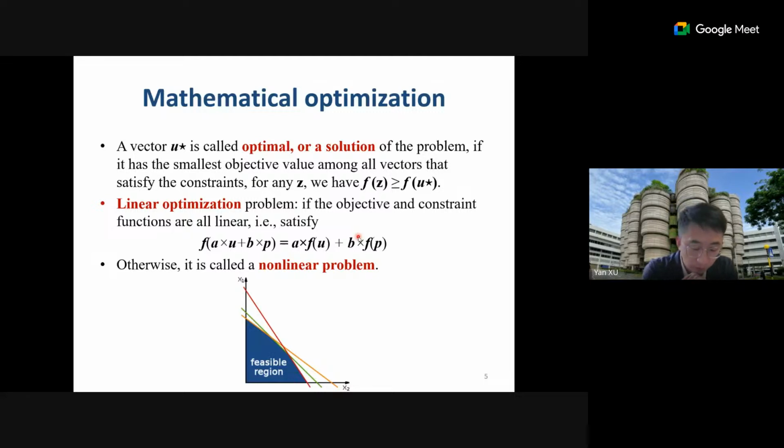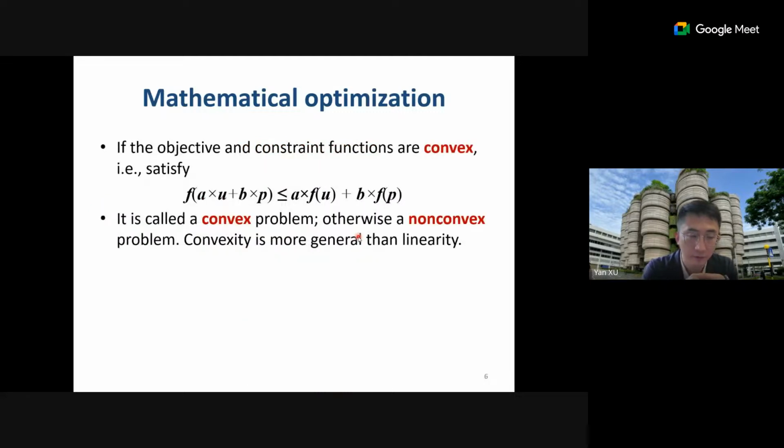Another concept for mathematical optimization is convexity. Convex means the objective and the constraints have to satisfy this property: f(a times u plus b times p) is smaller or equal to a times f(u) plus b times f(p).